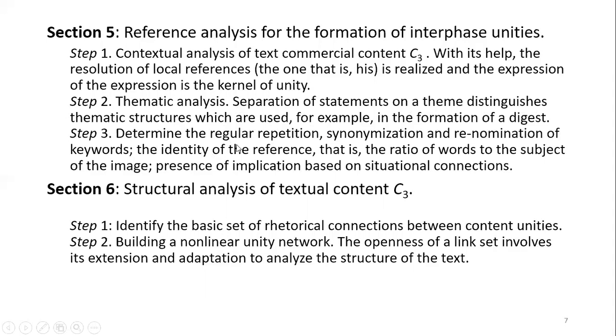We determine the regular repetition, synonymization, and renomination of words. In section 6, we proceed with structure analysis of textual content C3. We identify the basic set of rhetorical connections between content unities, and we build a model of our content as a unity network.